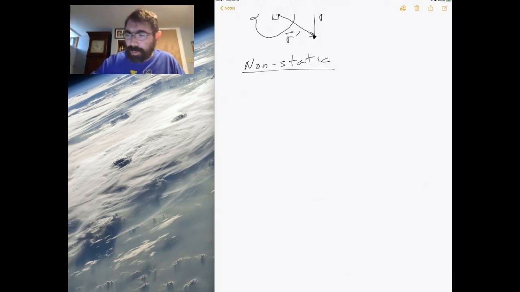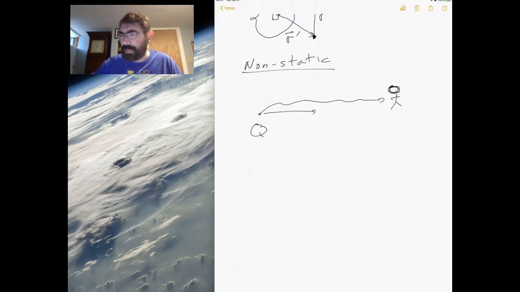So if I have some charge over here, Q, let's say, and that charge was moving like this, and I'm over here measuring that charge, then I have to wait for information to get to me about the motion of that charge. And that information cannot travel faster than the speed of light.